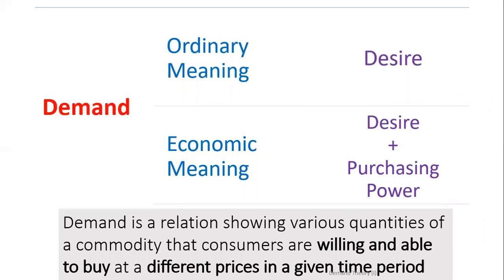That is, demand refers to both willingness and ability to purchase a commodity, and it shows how much quantity of that commodity will be purchased at various prices within a given time period.